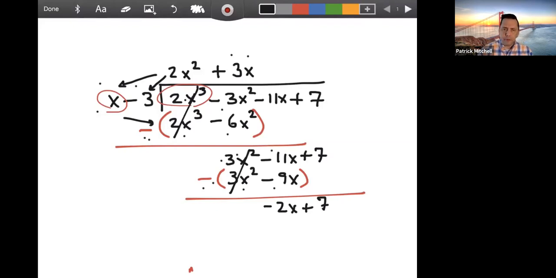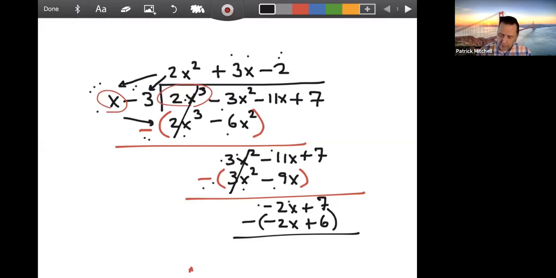Divide, multiply, subtract. We're going to divide x into negative 2x. Negative 2x divided by x is negative 2. Negative 2 times x is negative 2x. Negative 2 times negative 3 is positive 6. Subtract the whole thing.